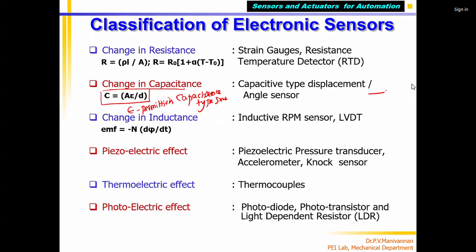Basically, generally the capacitor will be shown like this. This is, I say, P1, a metallic plate having some cross-sectional area.